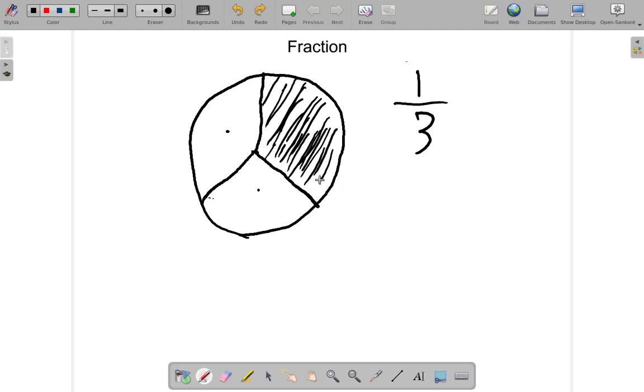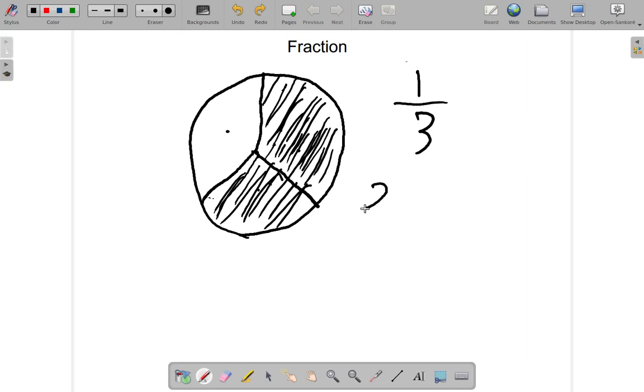Now, if one person says, hold on, I don't like this flavor of bulla, and gives it to me to eat, how much do I get now? I get 2 out of 3 equal parts.